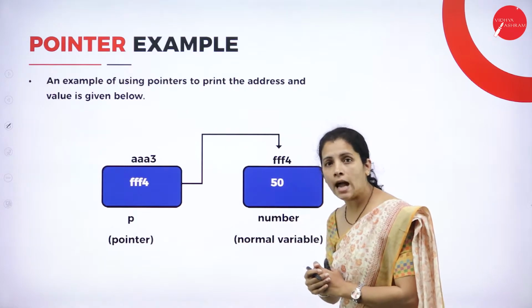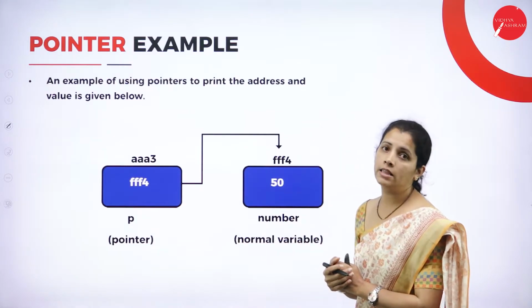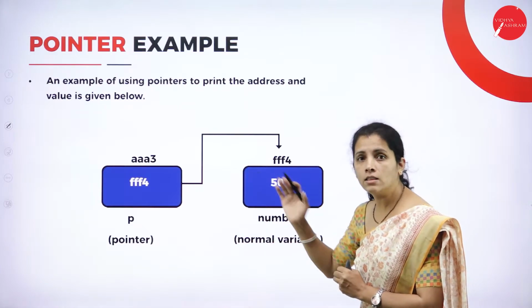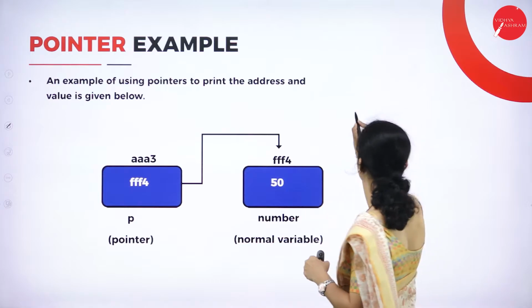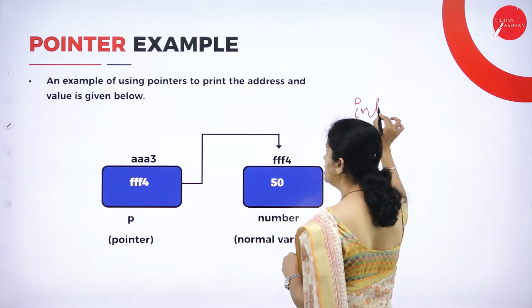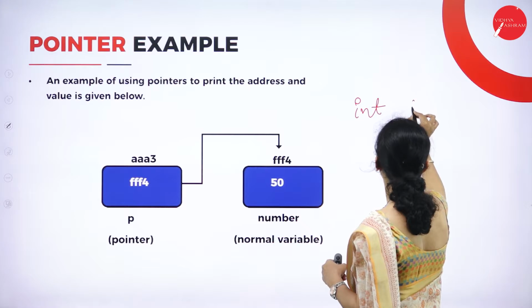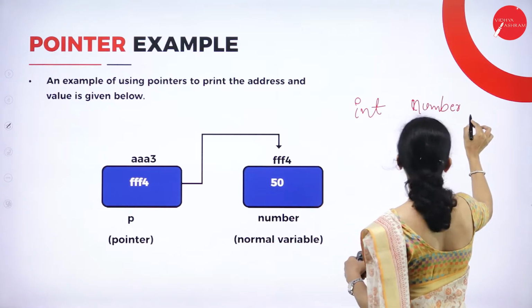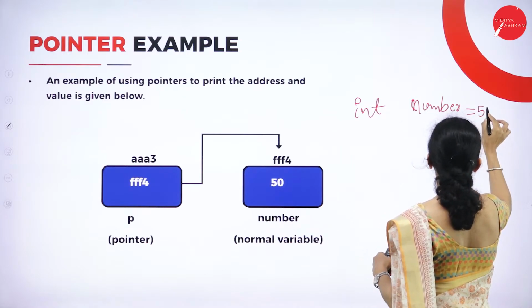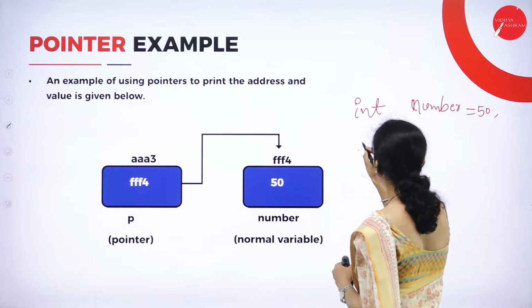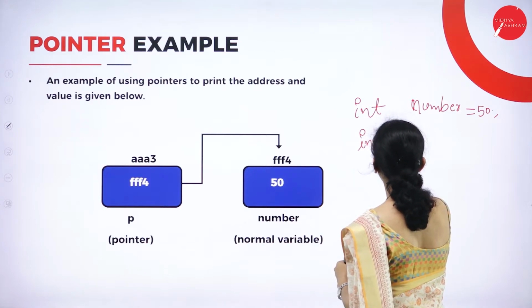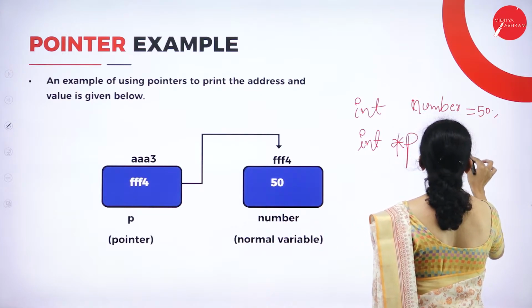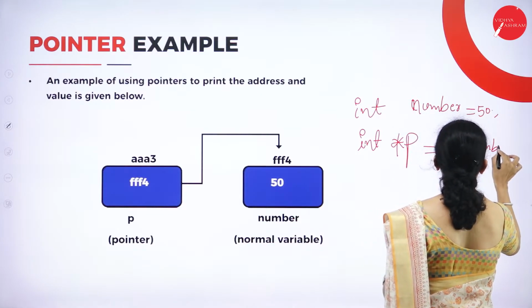So, dear students, as I discussed, pointers are nothing but variables used to hold the address of another variable. Now, let me define a variable of type integer, the variable name is number, and I'm going to assign the value 50. Now, I'm going to create a pointer of type integer, and my pointer name is p, and I'm going to assign number to it.